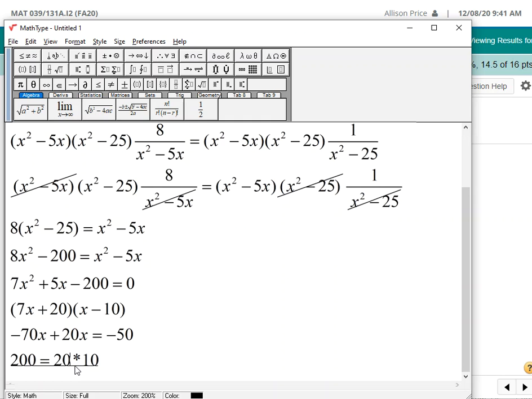I know 8 and 25 go in. What else? We could try that.